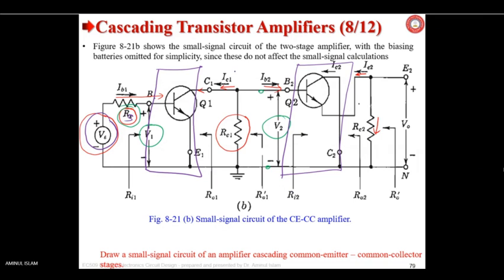Is it not what we just calculated, the RO1 prime? And RO1 prime is RC1 parallel what? Just now I was writing RO1. RO1 is the built-in resistance, or output resistance, of the BJT itself, Q1 itself, which is based on various h parameters.